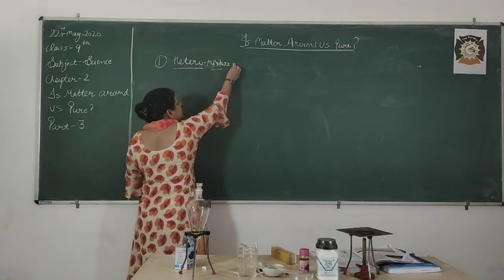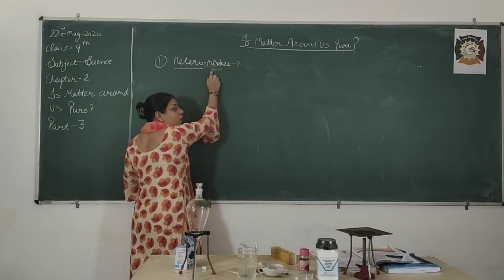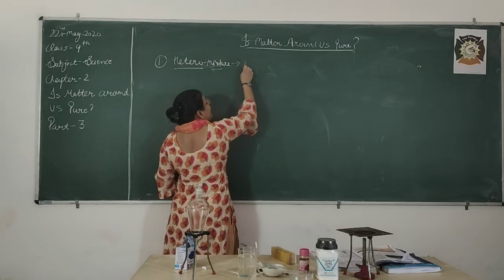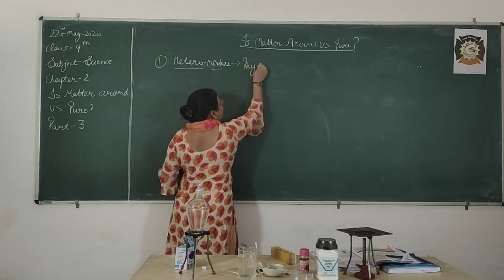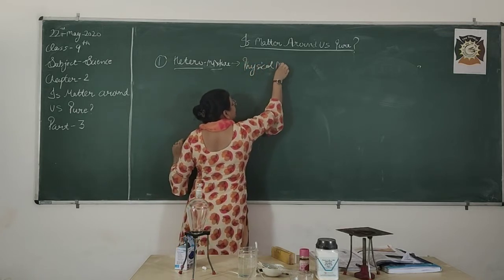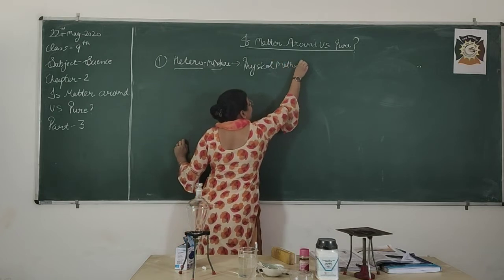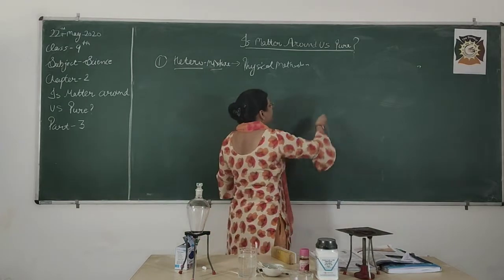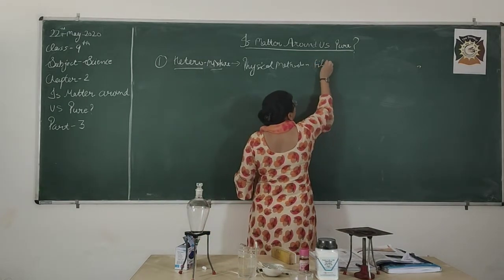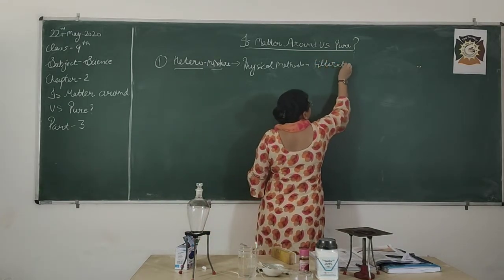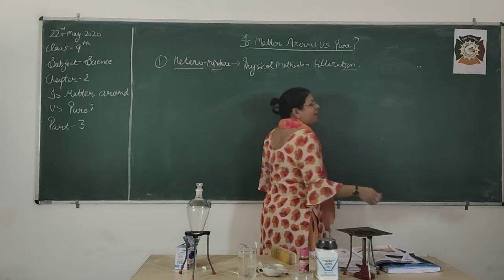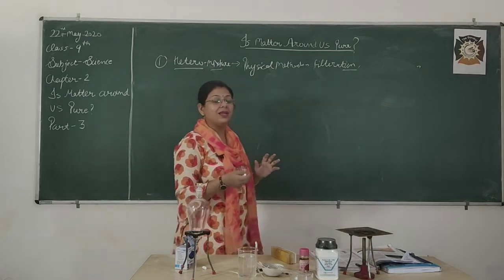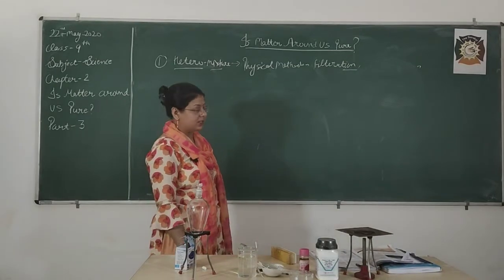That means the separation of heterogeneous mixtures is very easy, and they can be separated with the help of physical methods like hand picking, that means you use your hands to pick the material, filtration, winnowing, magnetic separation, and all those things, where you need not use a very complex setup to separate the things.